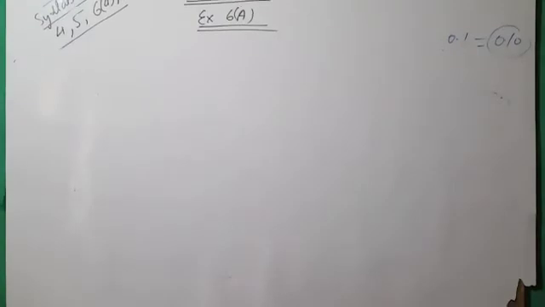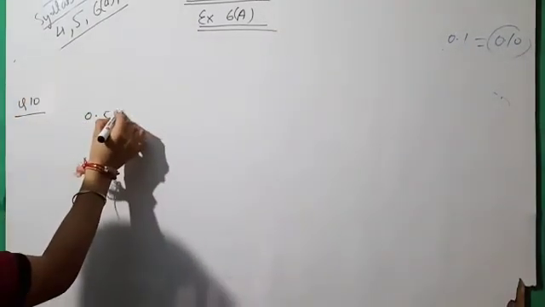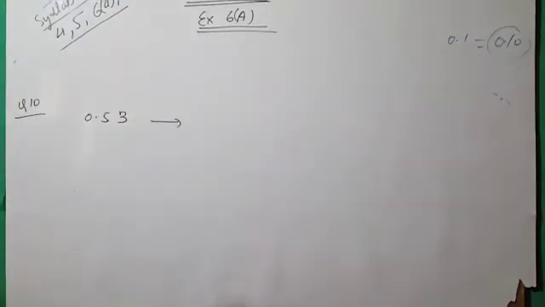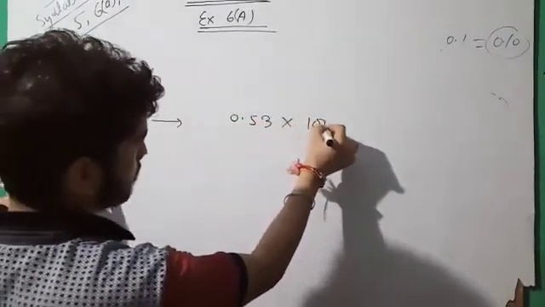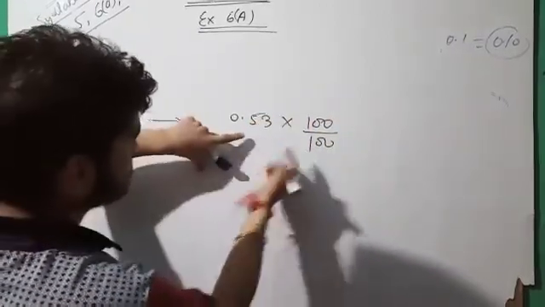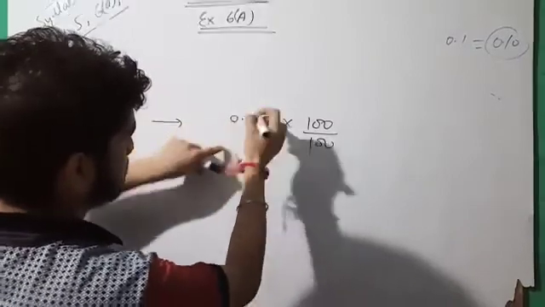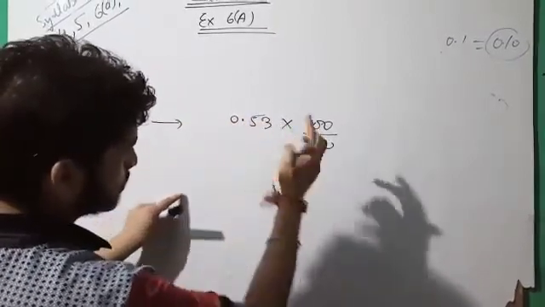Question number 10. We have 0.53, and we have to convert this decimal into a fraction. So we multiply by 100. If you multiply a number by 100, the decimal shifts towards the right by 2 digits.